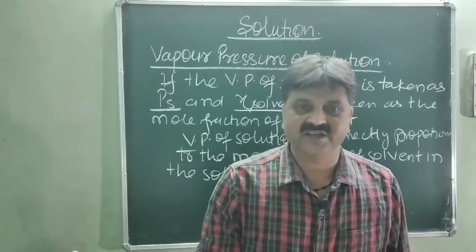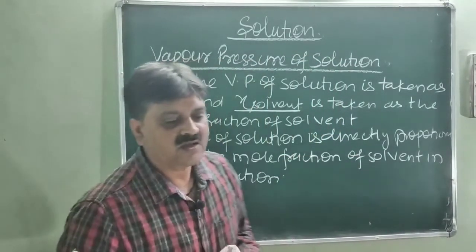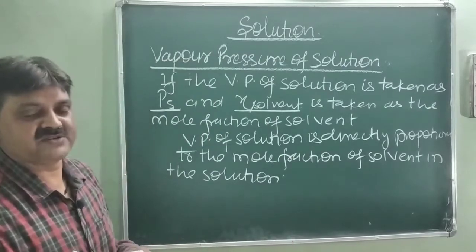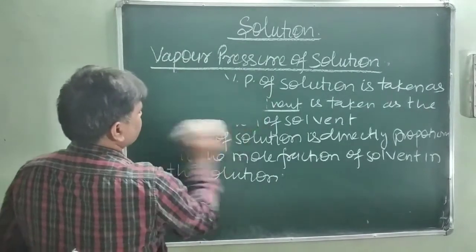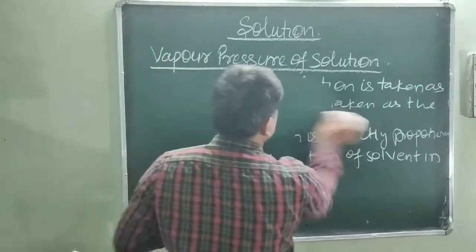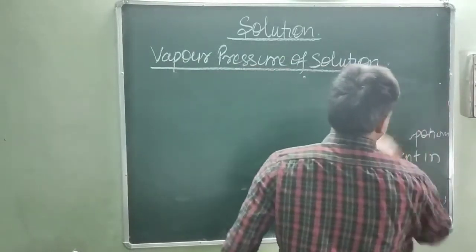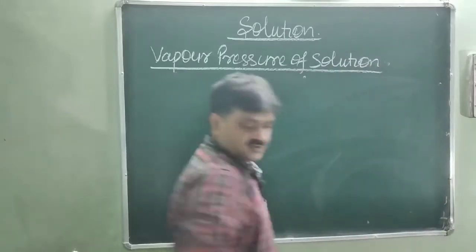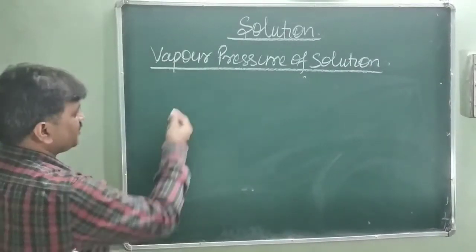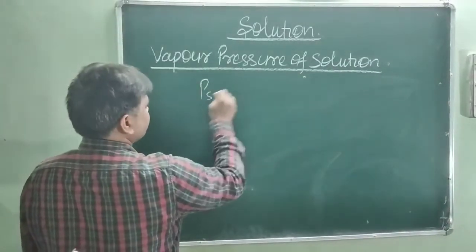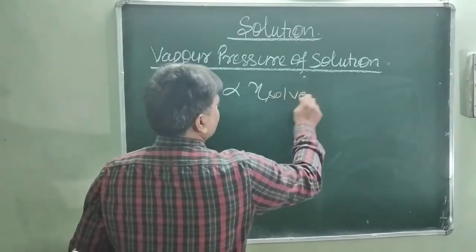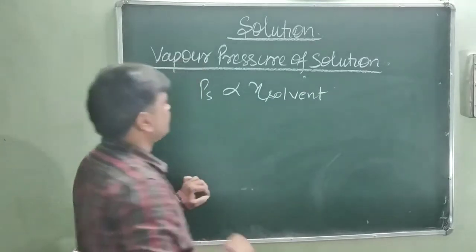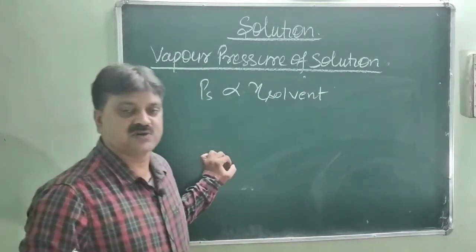If P naught is taken as the vapor pressure of the pure solvent, we can write here that PS is directly proportional to X solvent.